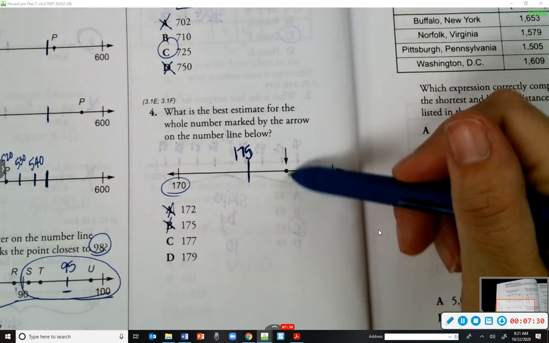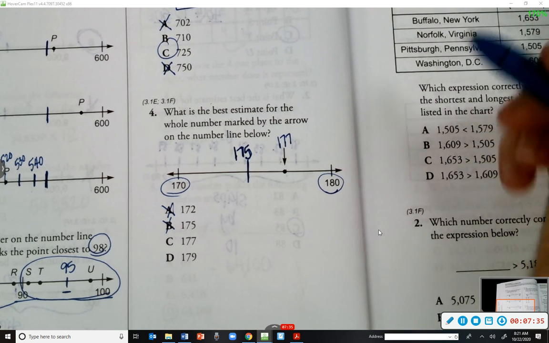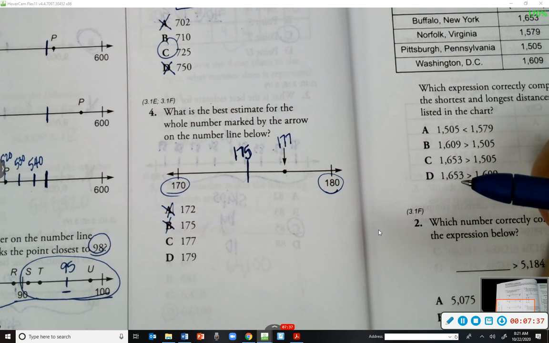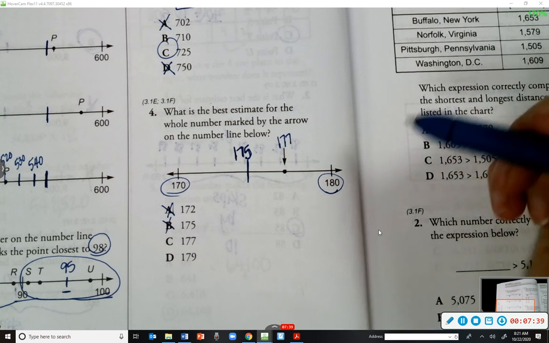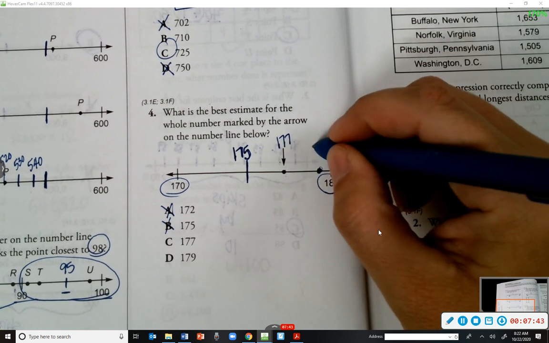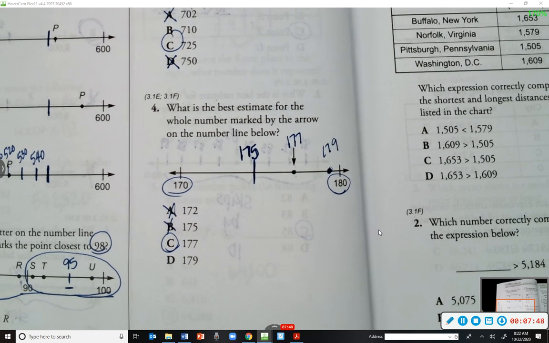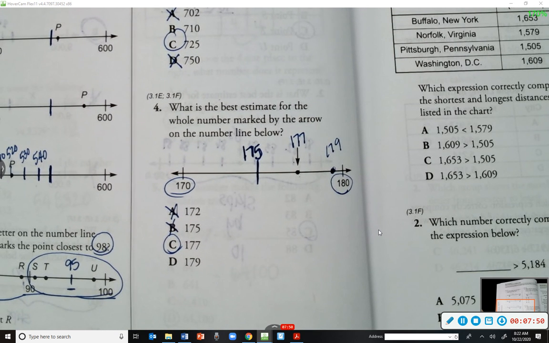I'm kind of right in the middle here. 177, good. Because 179 would probably end up being right by 180. It would be way down here, closer to 180. Okay? Good, guys. So C is correct. Check. Two check.